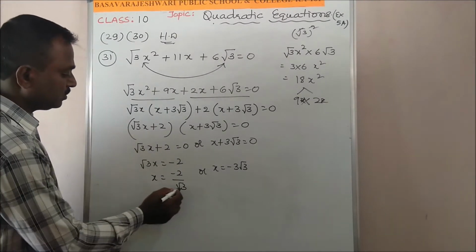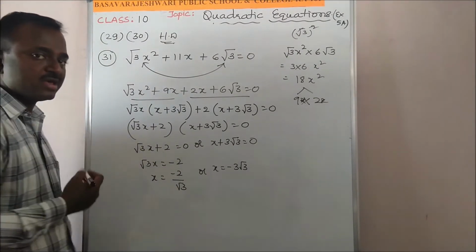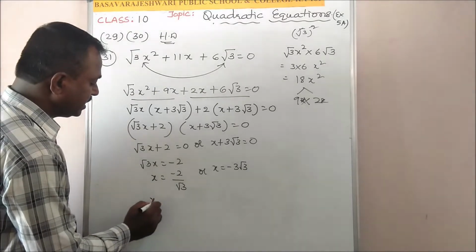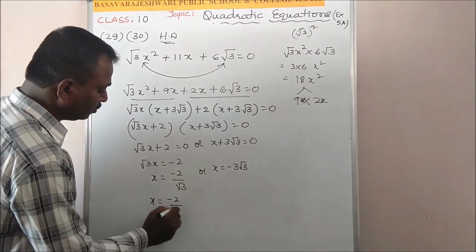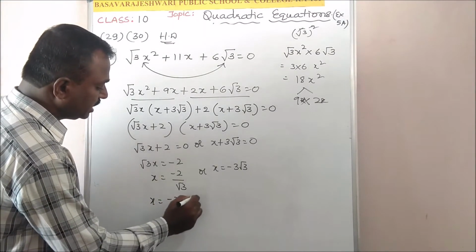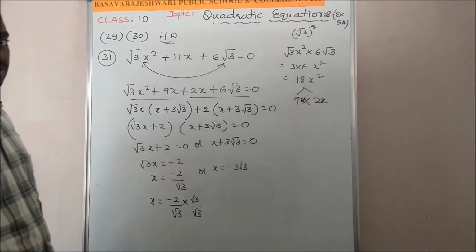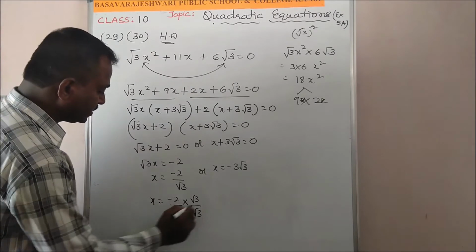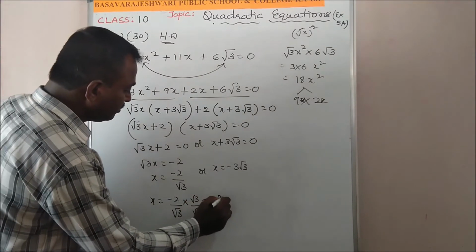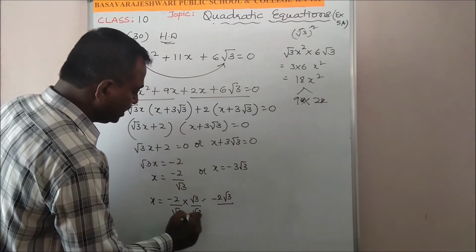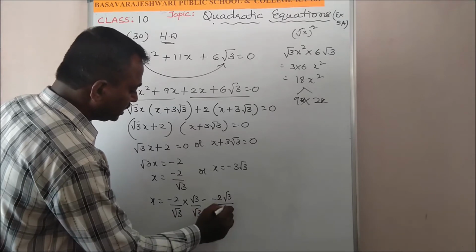Now here, root 3 is in the denominator, so we have to rationalize the denominator. That means x is equal to minus 2 by root 3 into root 3 by root 3. You have to multiply and divide by root 3 in the numerator and denominator. So what happens here? Minus 2 root 3 by 3, root 3 into root 3, 3.